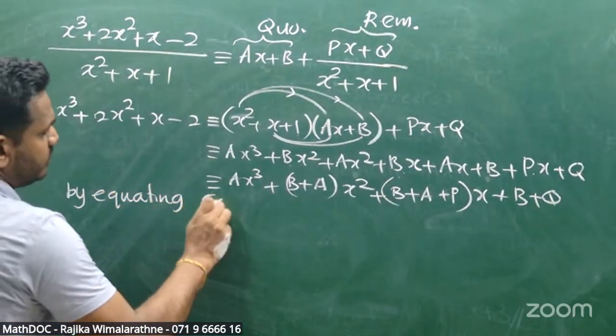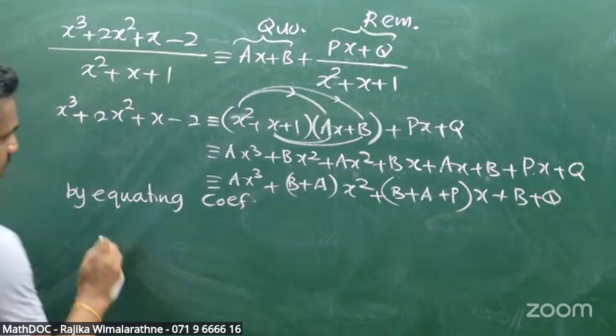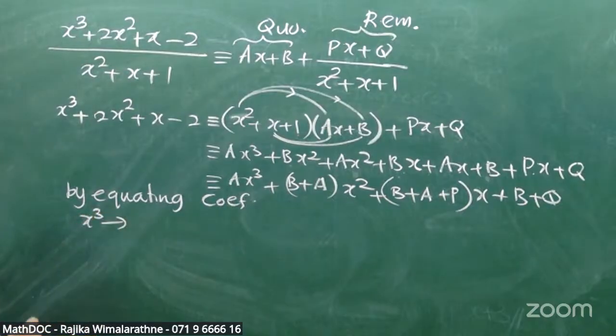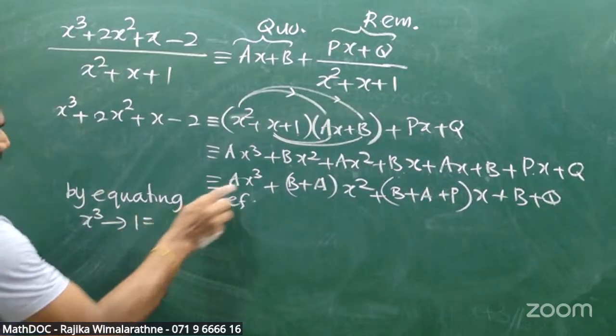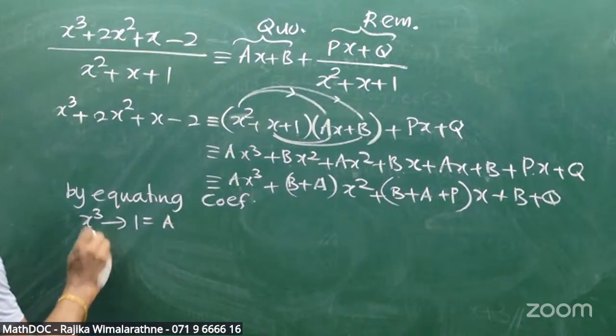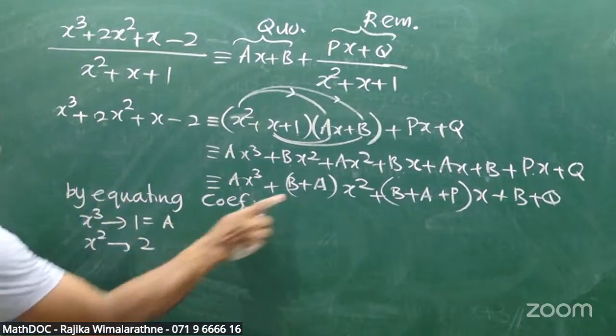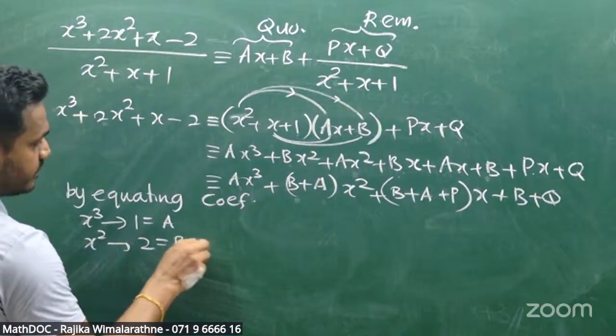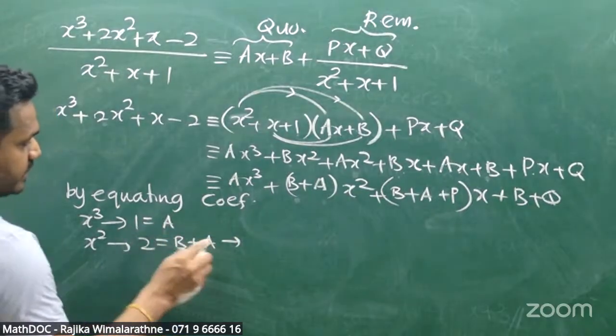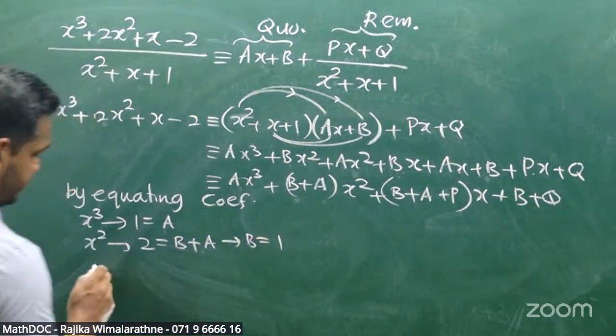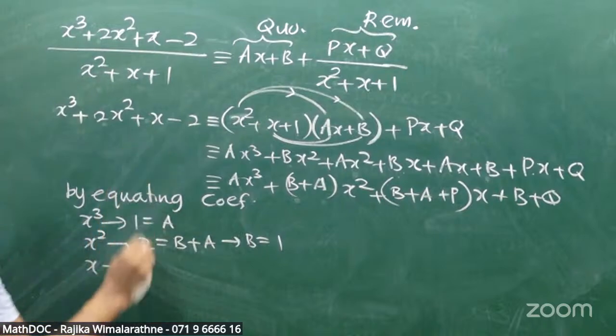By equating coefficients, take the x cubed coefficient. Here 1, here a. X squared coefficient, here 2, here b plus a. Then a equals 1, put it here. Then b value is 1. Then the x coefficient, here 1.